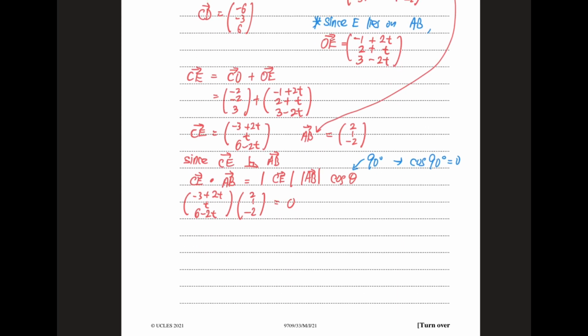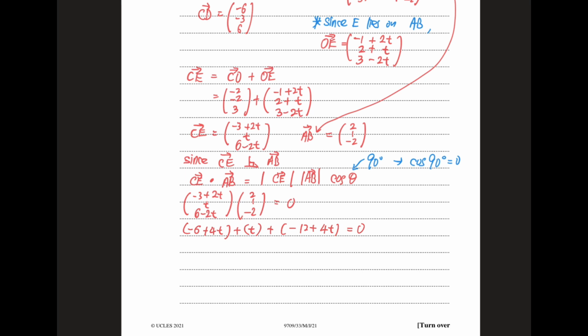If you still remember, you take the first row, multiply with the first row, minus 6 plus 4t, then end up with, now we take the second row, multiply each other, t times 1, we get t, then we take the third row and multiply each other, then we get negative 12 plus 4t, equal to right hand side 0.